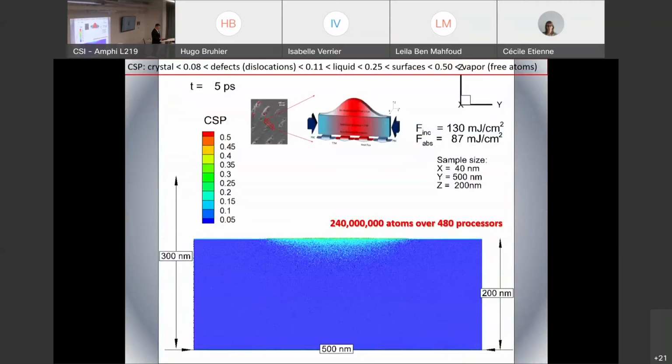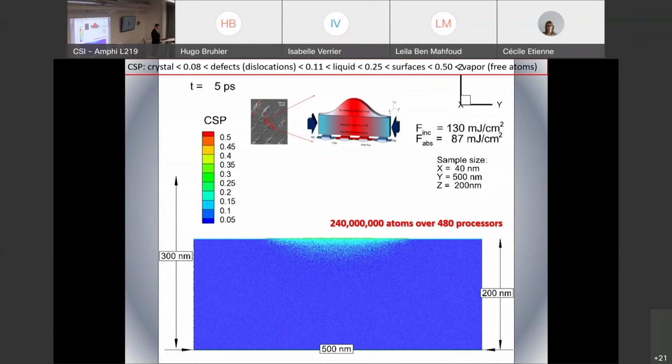So now we have a sequence of atomic snapshots from this simulation in order to visualize the process of periodic nanostructure formation. We only show a little structure formation here, but it corresponds to reproduction of this periodicity at the end of the simulation. The atoms here are colored by central symmetry parameter.